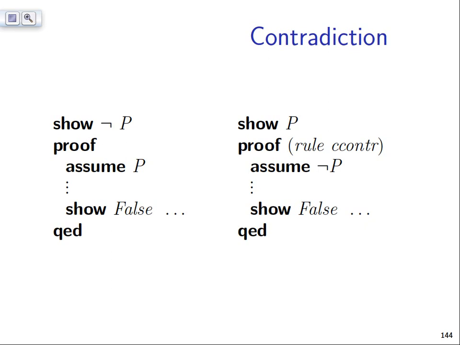So it's much simpler to use the pattern on the left if you have something negative that you're trying to prove. If the thing that you're trying to prove is not negative, then you have to go through this explicit appealing to the rule classical contradiction. So this is really a rule in the system that supports this proof pattern.